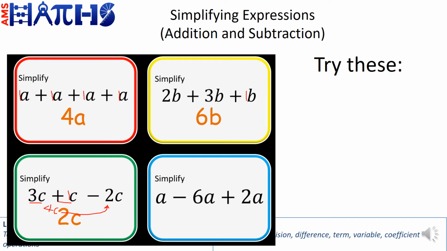And the final one, 1a minus 6a will give us minus 5a. We need to add 2a to that, so minus 5a plus 2a is minus 5 plus 2, which gives us minus 3a.